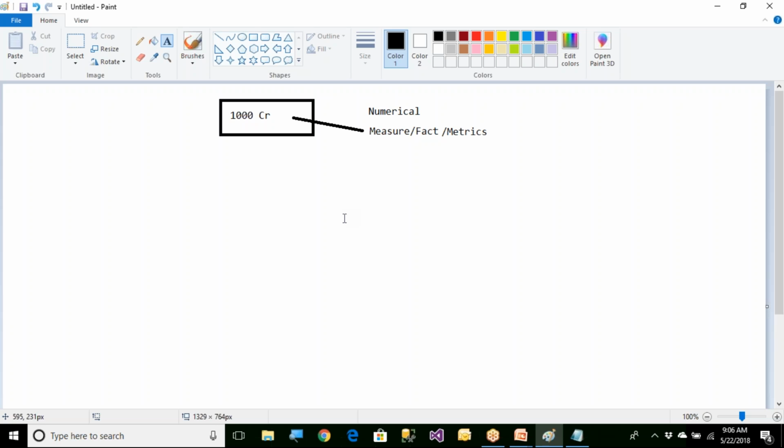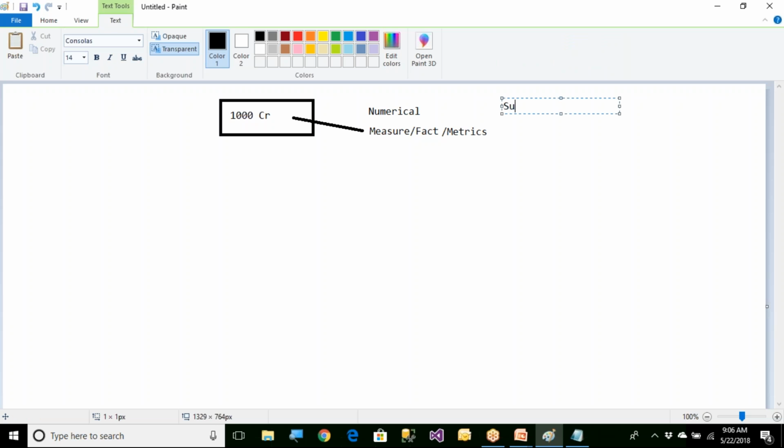Yes, because you can perform a sum, or a minimum, or a maximum, or an average, or a count. Whenever you perform these kinds of aggregate functions on the data, that data is called numerical data. I want to get what the sales were last month.